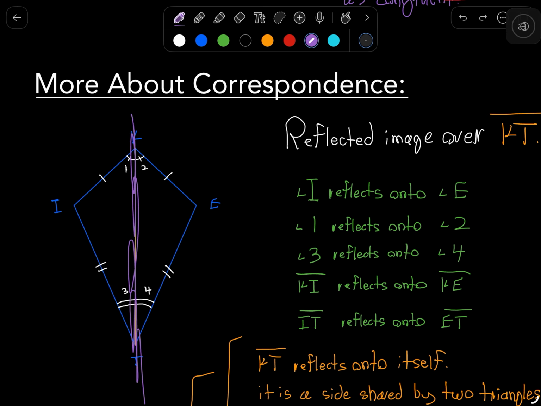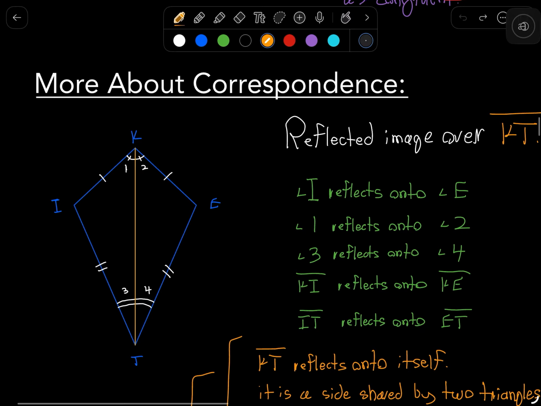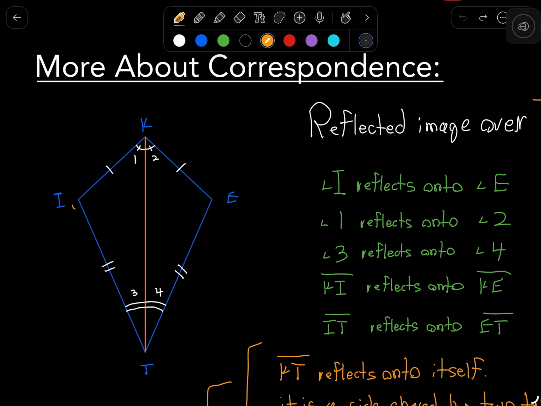And that's right. But for this diagram, I want to go over what corresponding means. Angle I here corresponds to angle E, because angle E is the mirror image of I. Same thing with side KE and KI; they're also congruent, and they correspond with each other.